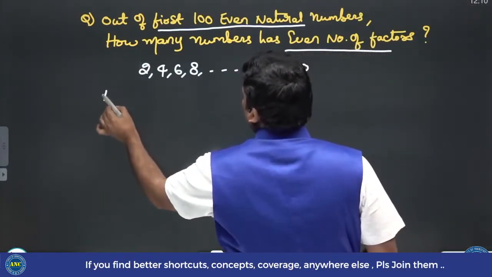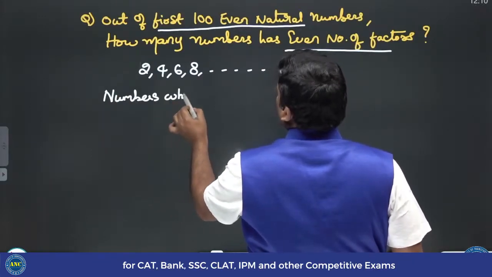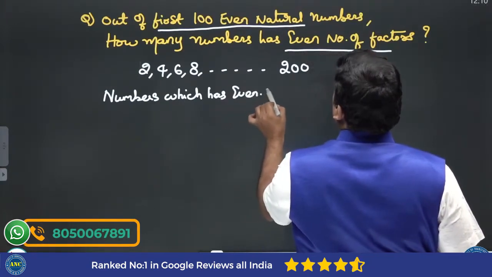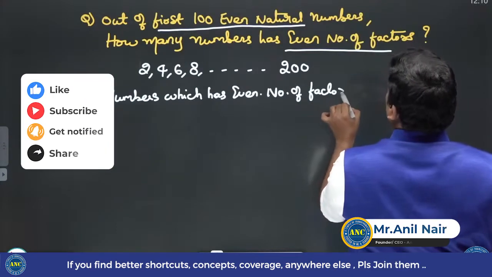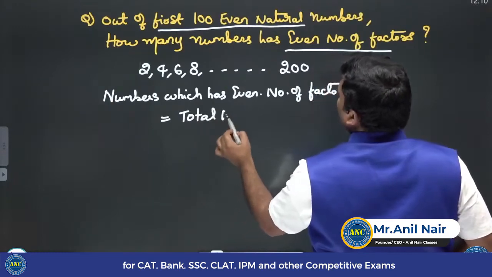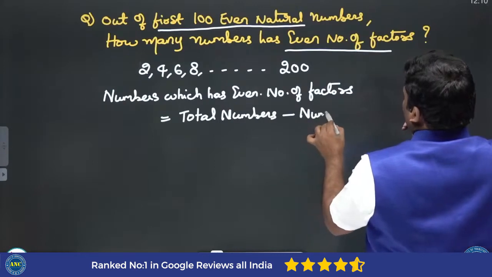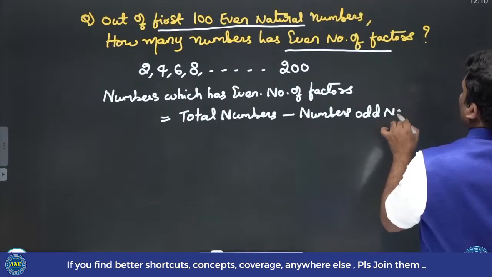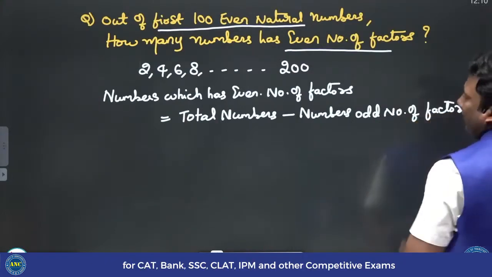The numbers which have an even number of factors are nothing but total numbers minus numbers which have an odd number of factors.